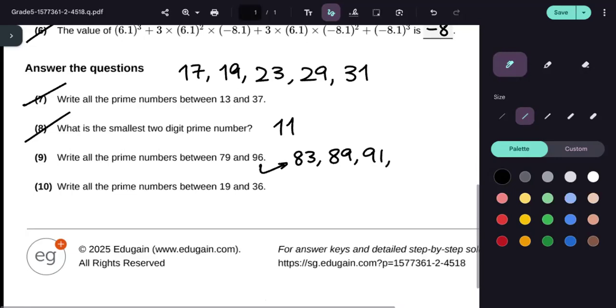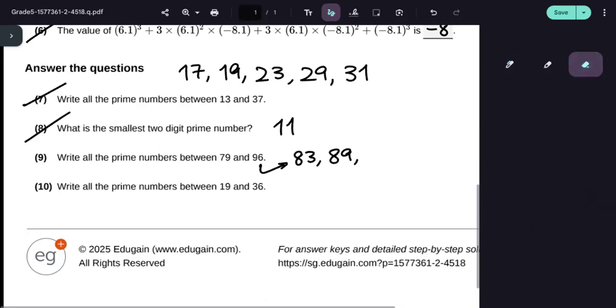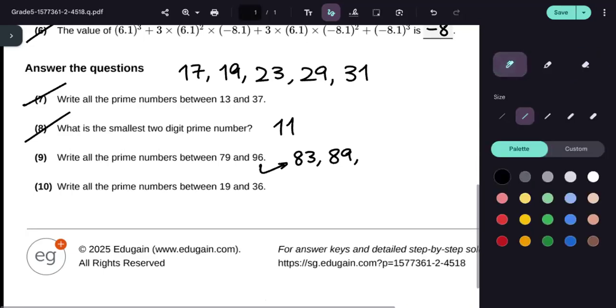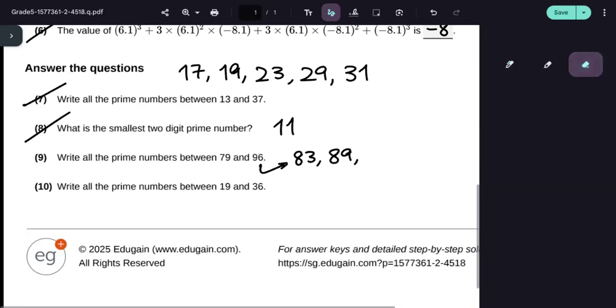I think 91 don't have. Okay, 91 have, sorry. 92 have. 93 confirm have. 94 have. 95, 96, 97. So this will be the only two.